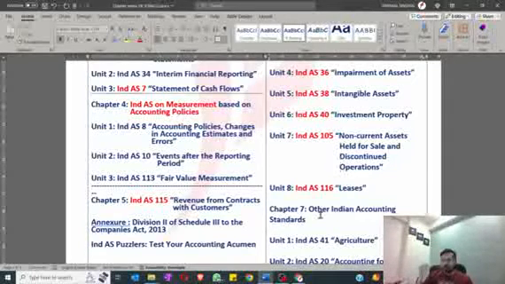That's why this Ind-AS 116 is quite important in this syllabus. So we'll be discussing the treatment of leases from the point of view of both the lessee and the lessor, in terms of financial leases or operating leases.